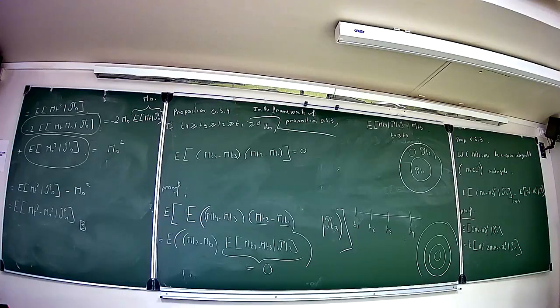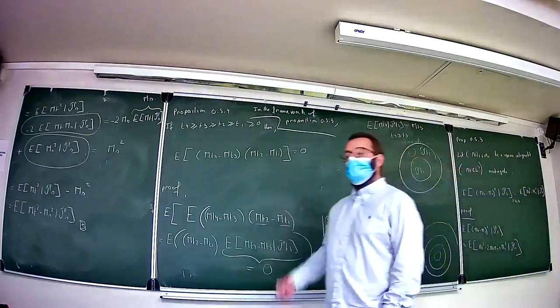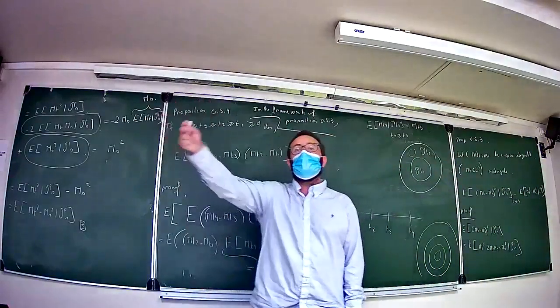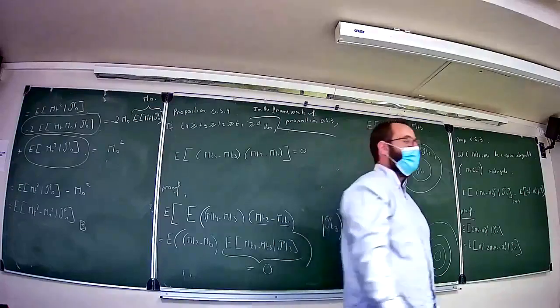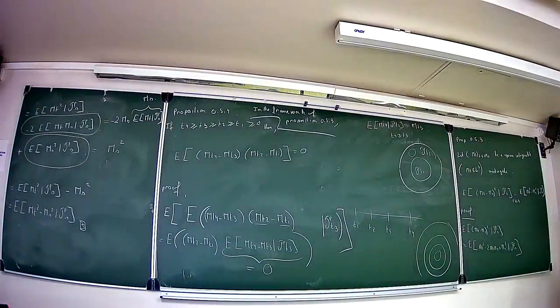For the moment, I don't know what an Ito process is, but we are going to define it, and the fact that the decomposition related to this definition will be unique will be a consequence of the result we are going to see now.